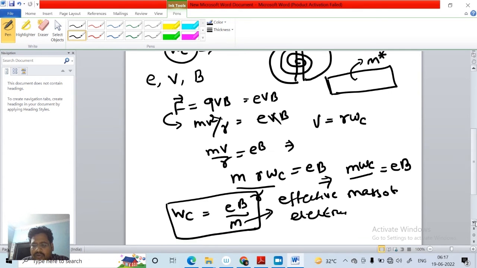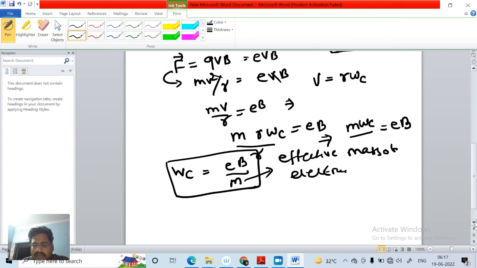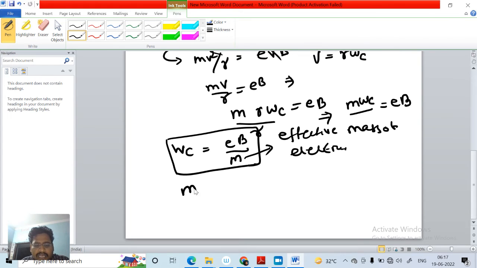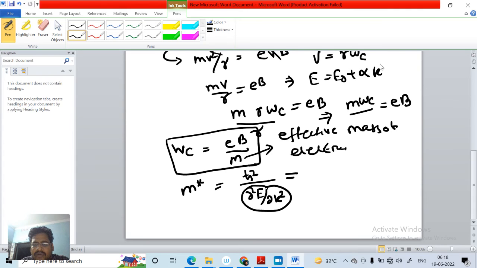And we know how to calculate the effective mass. Effective mass m star is nothing but h cross square divided by the double derivative of E with respect to k square. Now you can calculate d square E by dk square, because E is actually E0 plus alpha into k square.